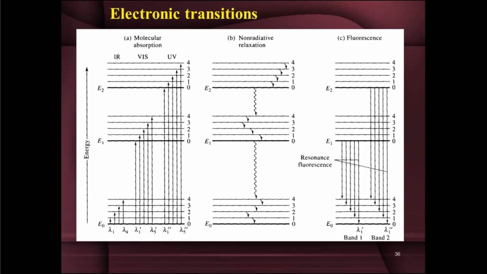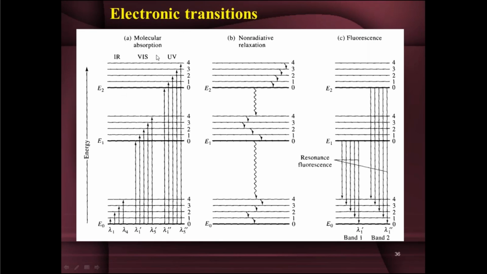Now you have energy level diagrams, with the help of which I hope it will become very clear to you what these transitions are. Now you can see these energy levels that we have drawn. This is the energy axis, so it increases in this order. That means E0 is lesser than E1, which is lesser than E2.